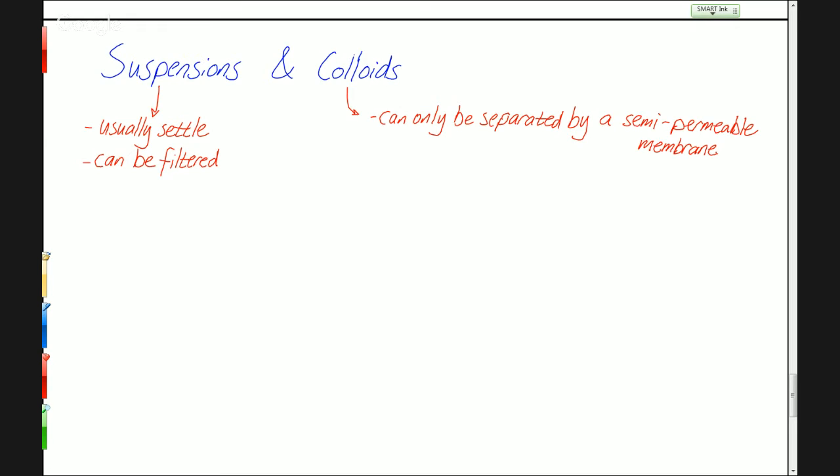A semi-permeable membrane is a material that has very, very small holes or paths through it, so that only very small molecules like those in solution can get through.